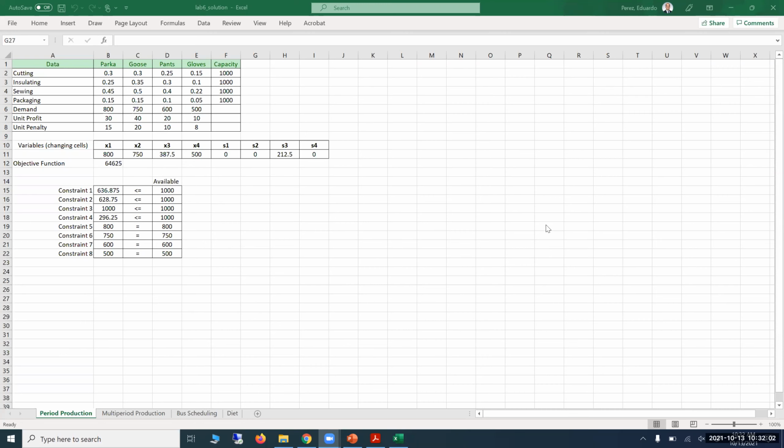This is the one that we did for lab 5. This is the setup and the solution for lab 5 for the single period production. And now you have to implement that one in Ample. So you know the solution.